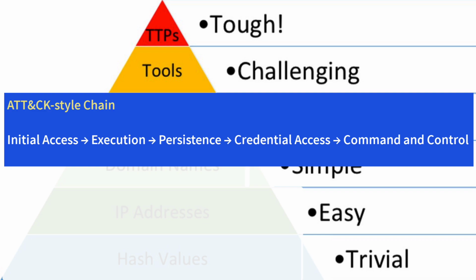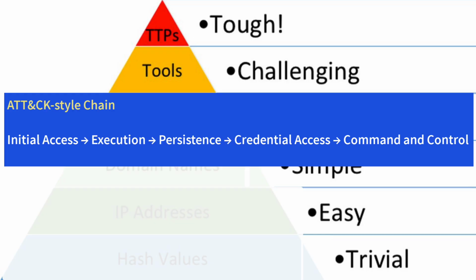MITRE ATT&CK is useful here because it organizes adversary behavior into tactics and techniques based on real-world observations. Instead of asking only whether we saw one malicious file, we ask whether we observed behaviors like credential dumping, scheduled task persistence, PowerShell misuse, or suspicious command and control patterns.